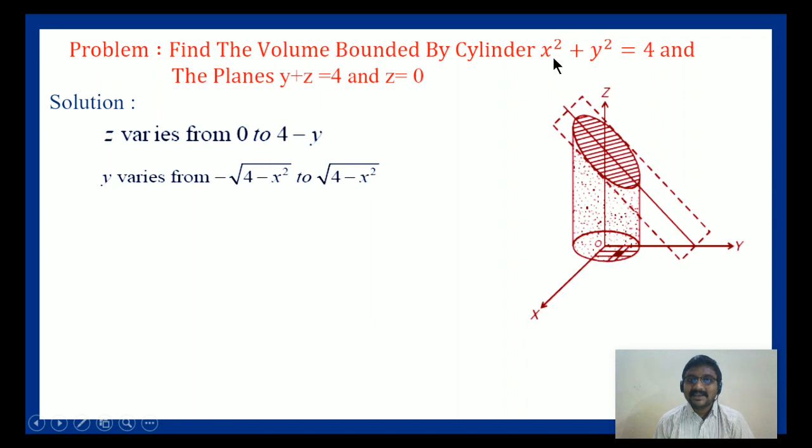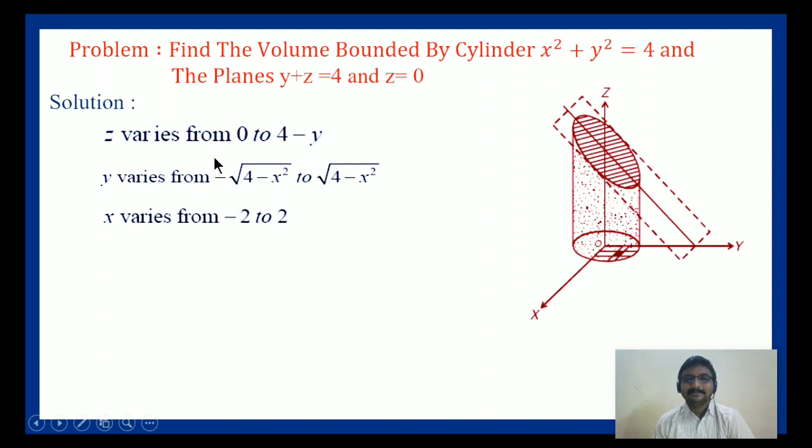It is nothing but a circle, x square plus y square equal to 4. For a circle we know the limits for y and x. Y varies from negative root of 4 minus x square to positive root of 4 minus x square, and x varies from negative 2 to positive 2. So these are the limits for z, y, x.